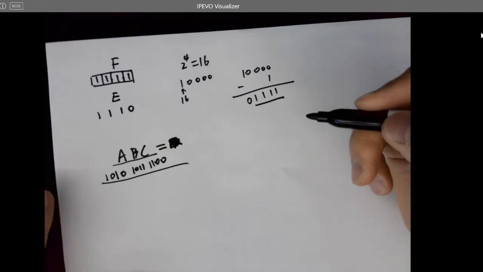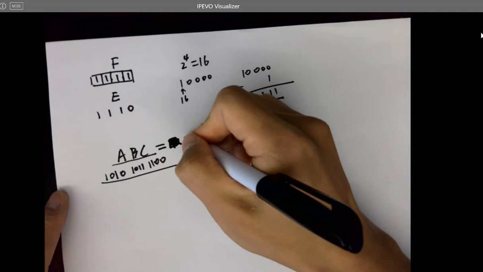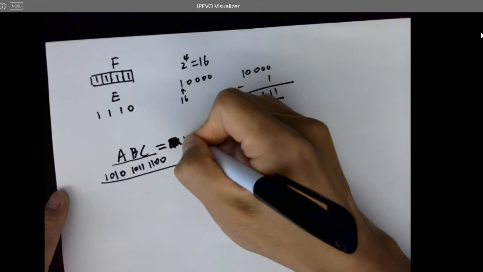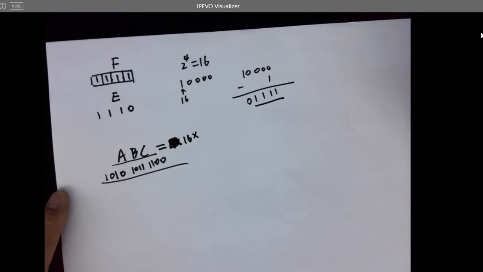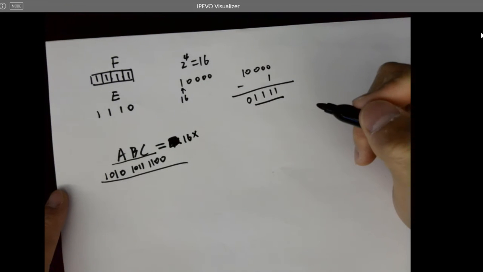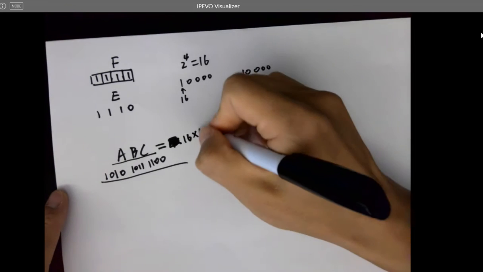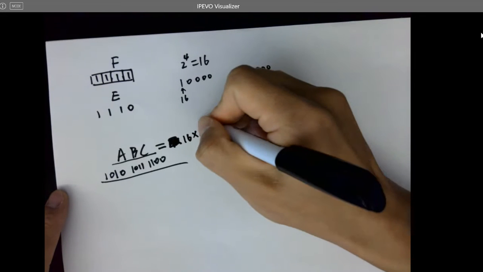So I should write down A times 16 to the power of 3, is that correct?